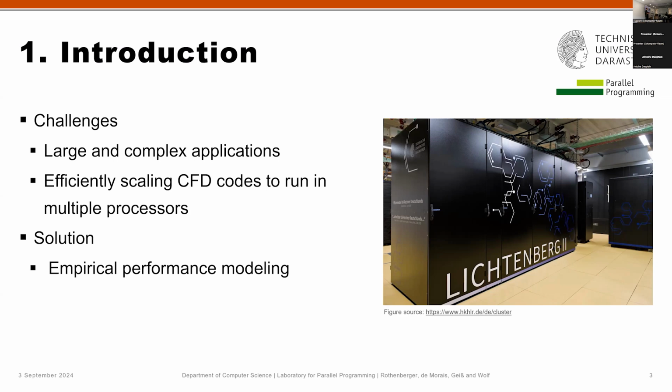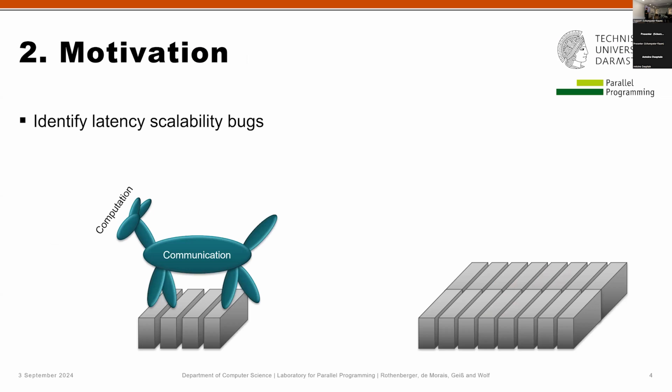All right, so as a motivation, it's fundamental for us to identify latent scalability bugs before they occur, because otherwise it's too late and you have already spent a lot of resources once the problem is facing you. As an example, here is an inflatable animal that represents our application.